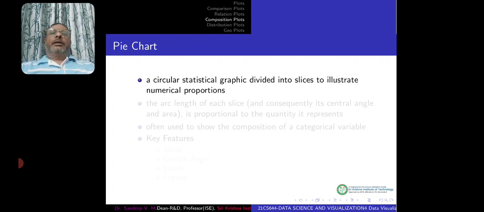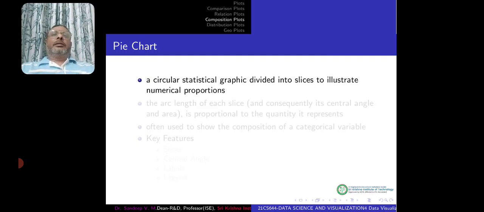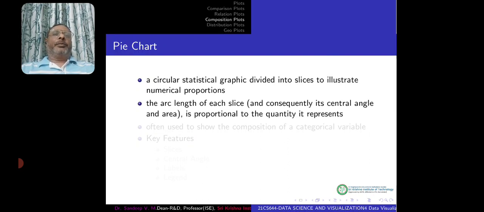The higher the share, the larger the area. The total magnitude is divided into 2 pi radians, and depending on the magnitude of each variable, an appropriate angle is selected, and each part is colored differently and given a label.